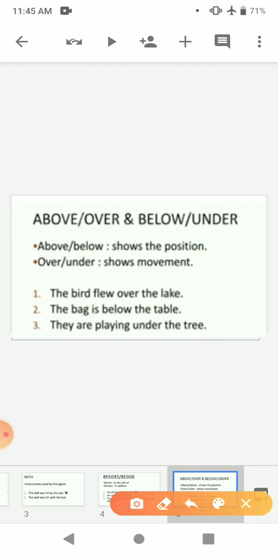And then we have, the bag is below the table. This is a table and the bag is here. The bag is below the table, so there is no movement, just the position is shown. We use below. If movement was shown there, then we were supposed to write under.